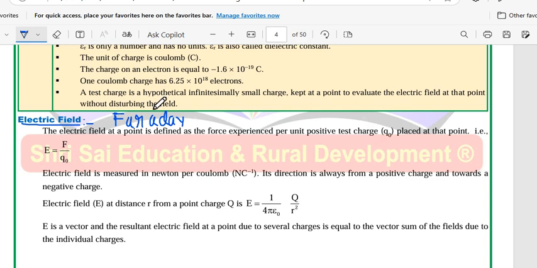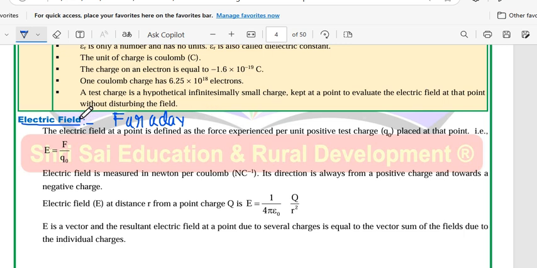It is also called the electric line of force, which is the geometrical representation of the electric field, and those are imaginary lines or curves.